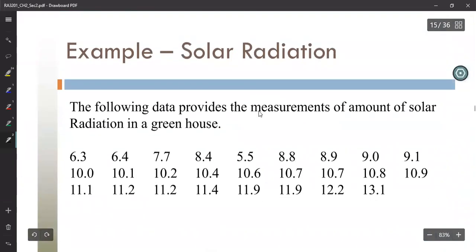Let's try to find the quartiles of this given data set. You see the measurements of the amount of solar radiation in a greenhouse. How many observations are there? There are 26 observations.